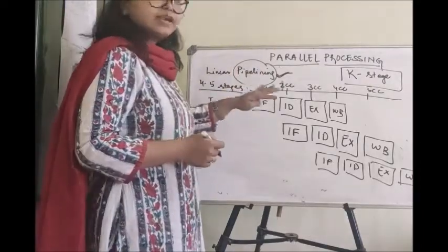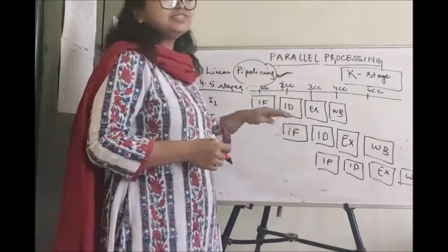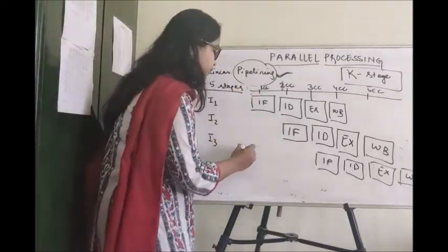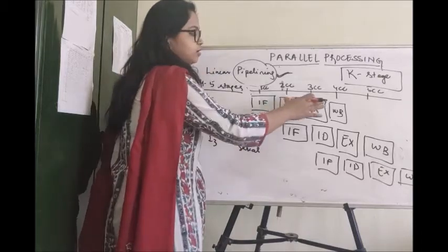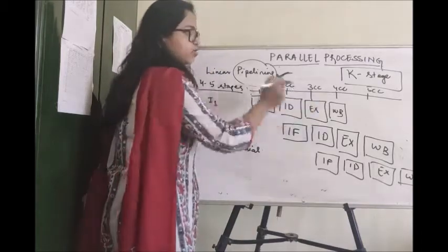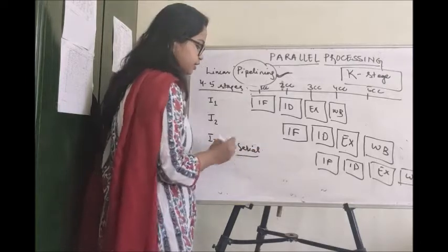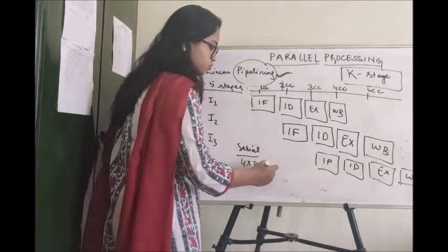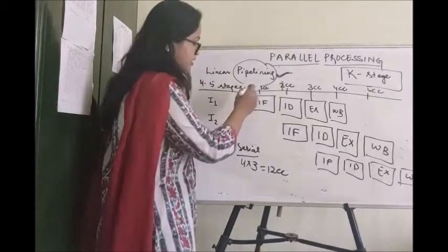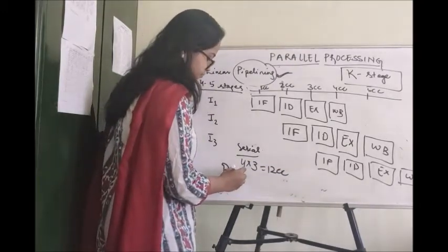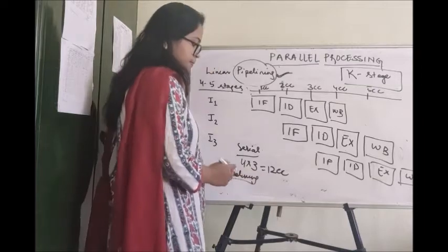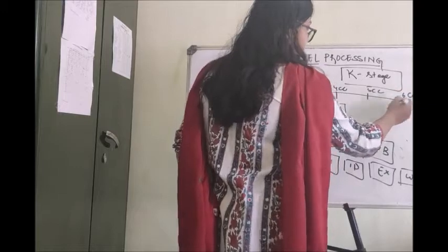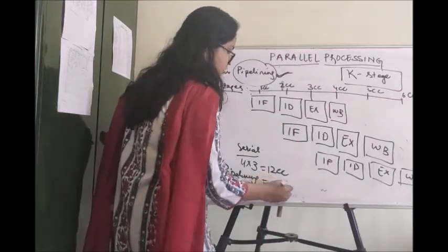Now, let us check whether the timing is being reduced or not, because that's our aim. In case of serial, what would be the time taken? Suppose one instruction takes 4 clock cycles. So in case of serial, 4 into 3. Since we are executing 3 instructions, 12 clock cycles are needed. Now in case of pipelining, these 3 instructions take how much time? 6 clock cycles, isn't it?